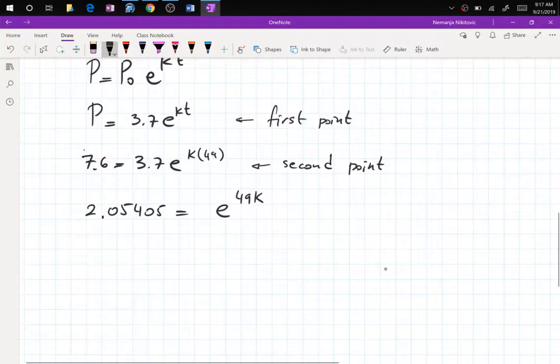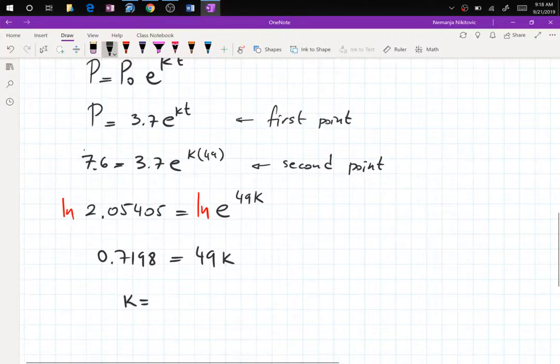So what you see now is the exponential equation, which we deal with by using the ln on both sides. We apply ln to both sides. So you will put ln here and ln here, and this ln will kill the e. And ln of 2.05405, we can calculate. Remember, 4 decimals, so we have 0.7198 is equal to 49k, from where we can calculate k.